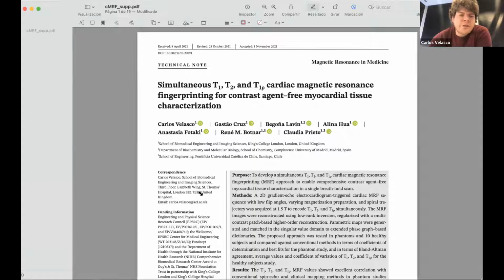But before this, we would really need to do bigger studies, multi-vendor, multi-center, and then have a real reference value for MRF, because we are seeing this bias for T2, for example, but we really don't have that much statistics compared to the years and years of T1 and T2 mapping. So if we want to rely on these new standard values, we will need to compare more.